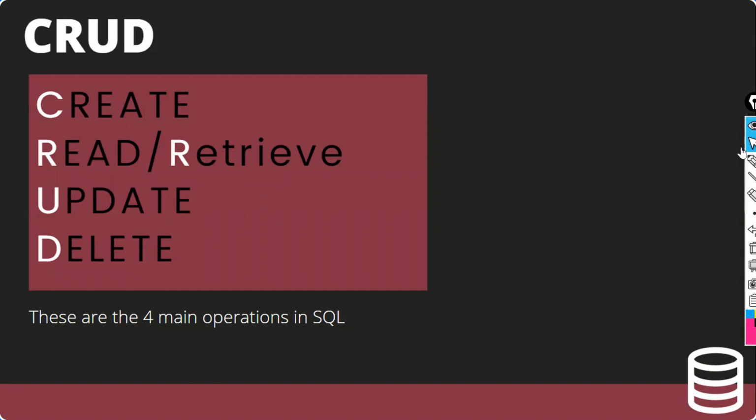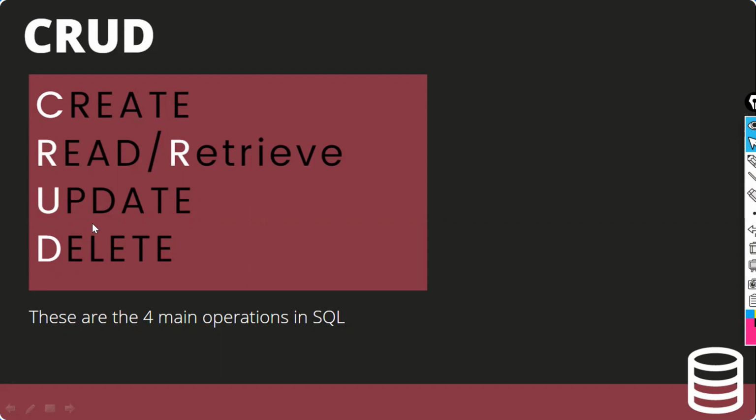After creating, C stands for create, and R stands for read or retrieve. Retrieve means extract the data from the database. U stands for update. Whatever values are already inside the database, update them with new ones: replace, or add a new column, new values, a new row.